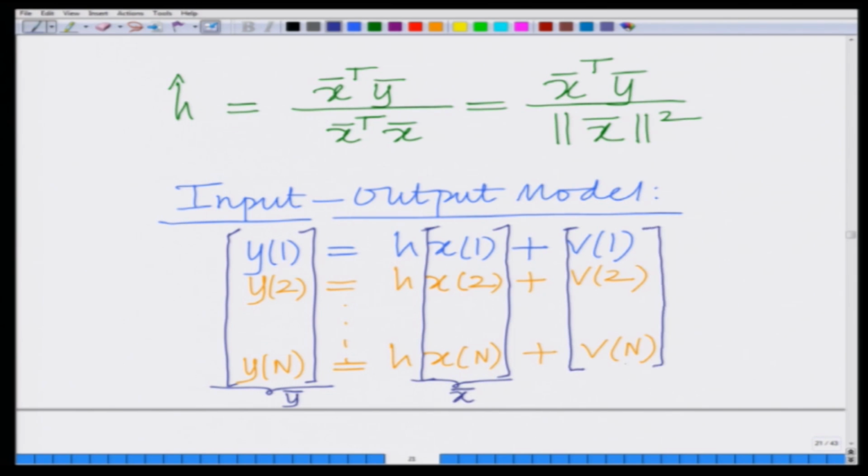We have seen y bar is the observation vector, x bar is the pilot vector, and v bar is the noise vector.